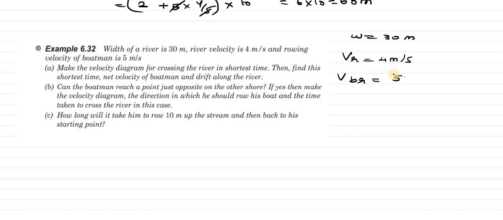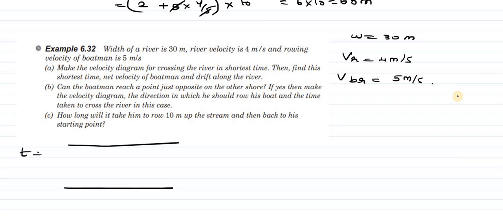VBR is nothing but what? 5 meter per second they have given. What you have to do? Make the velocity diagram for crossing the river in shortest time. So, shortest time, what did I say, Nandesh? Shortest time means the boat will travel in this direction, correct? So, if it is taking this one, the VB will be literally this way, yes or no?